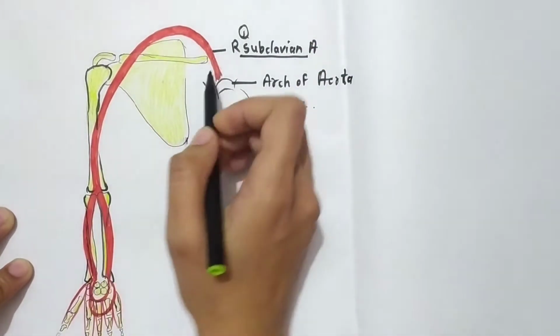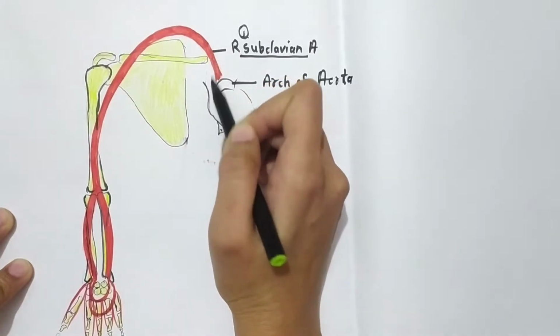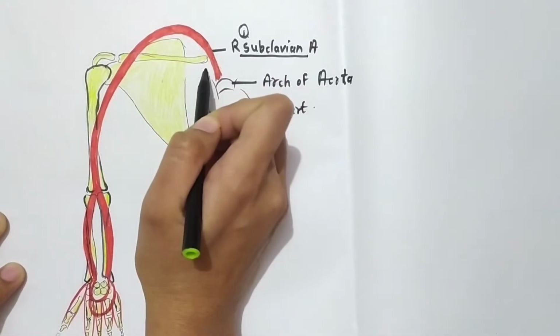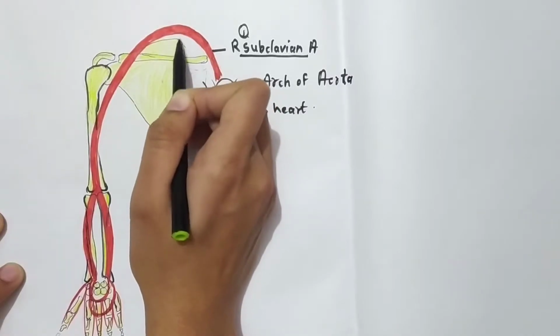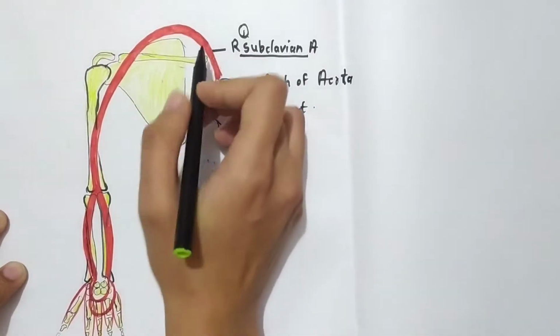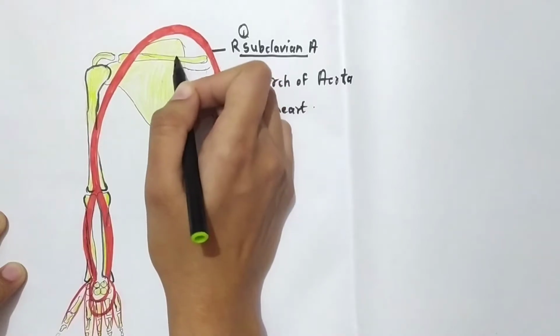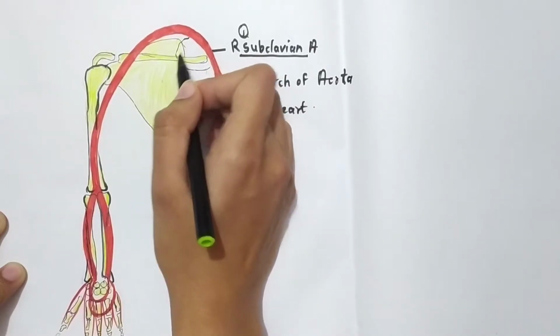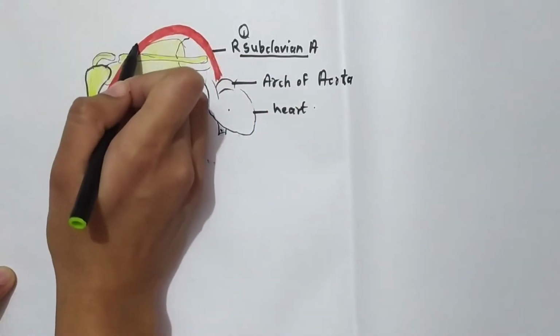And we know that here sternum is present, and from here first rib goes through here. So from the outer border of this first rib, this subclavian artery is then known as axillary artery.